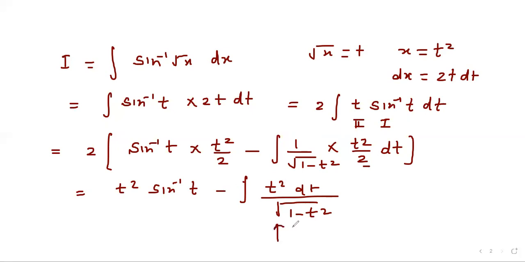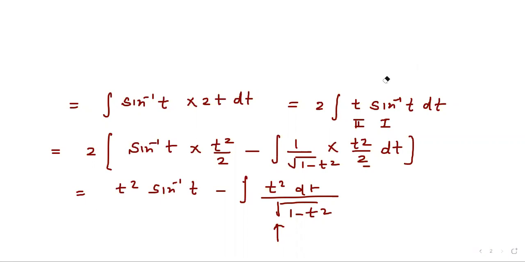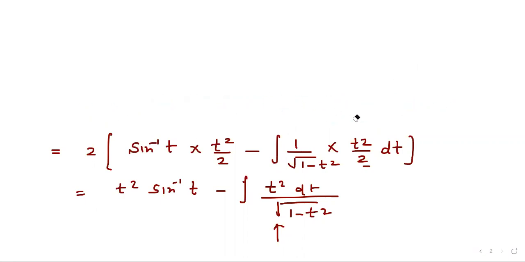So we integrate this term further. So we will get t square sine inverse t minus, okay, write as plus, and here we can include 1 minus t square and then minus 1.